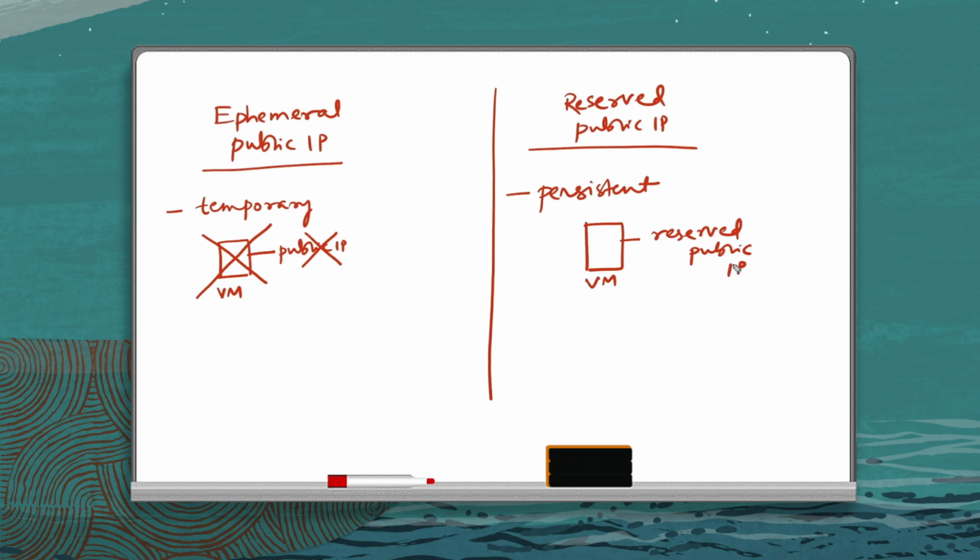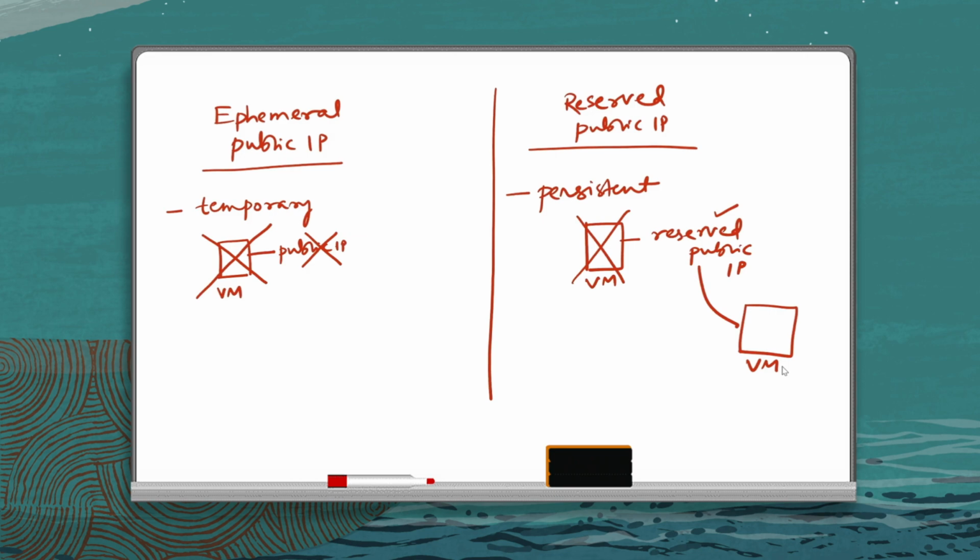Now, in this case, even if the instance gets terminated, this reserved public IP address is going to exist beyond the lifetime of the instance. What it means is you can reassign this public IP address to another instance whenever you like it. So this is the difference between ephemeral public IP versus reserved public IP.